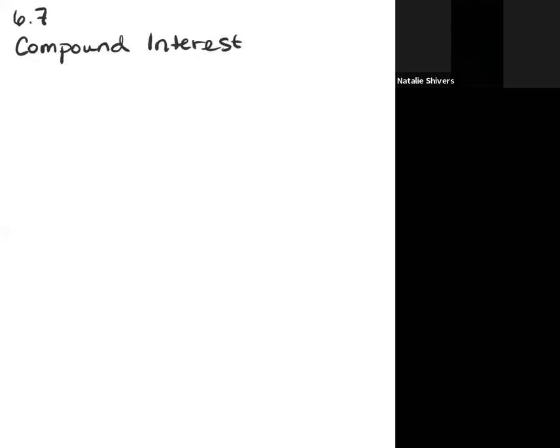Which is A equals P times 1 plus r over n, to the nt. So if you get any interest on your banking in terms of a checking or a savings account, this is what they use.